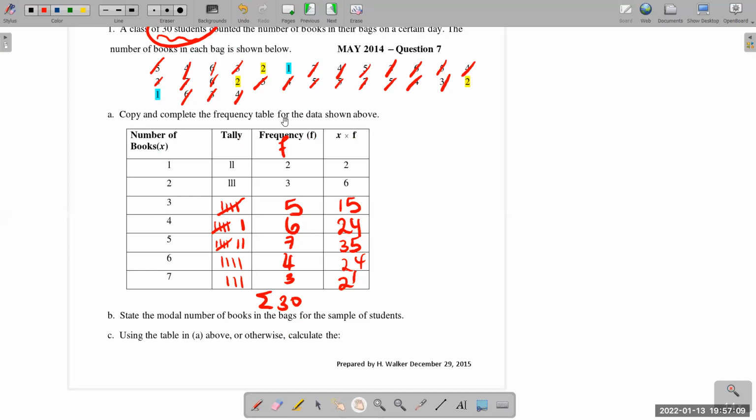Okay, so let's see what the questions ask us for. A says copy and complete the frequency table shown. So this would be like 3 max, 4 max, sometimes 5. State the modal number of books from the sample of students. What's the mode, guys? I am not telling you, you're gonna have to tell me. What is the modal number of books?